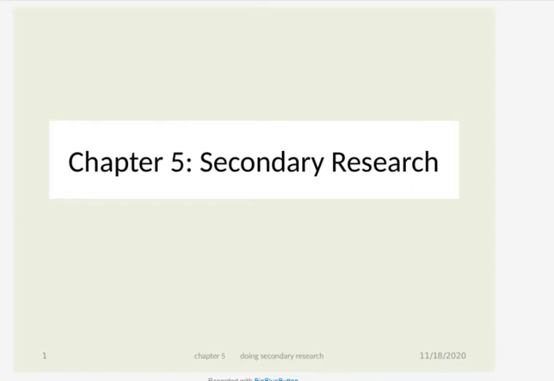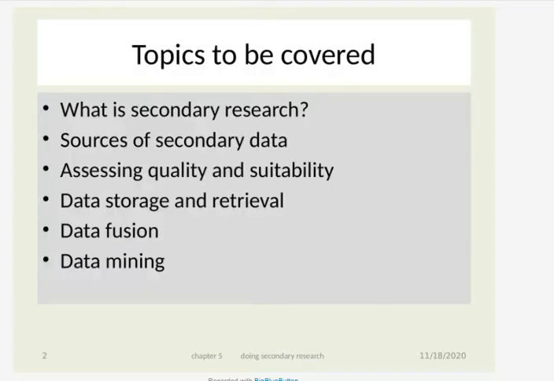Week 6. Today we will cover chapter 5, and it is concerned with secondary research. In this chapter, we have many topics to cover. For example, we need to understand what secondary research is, and of course, we need to know the various sources of secondary data and how we assess the quality and suitability of these data.